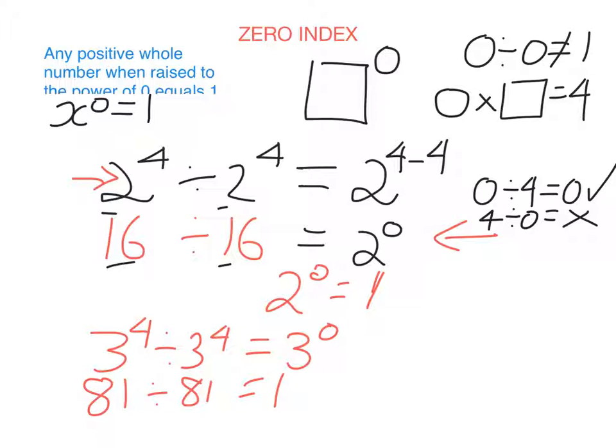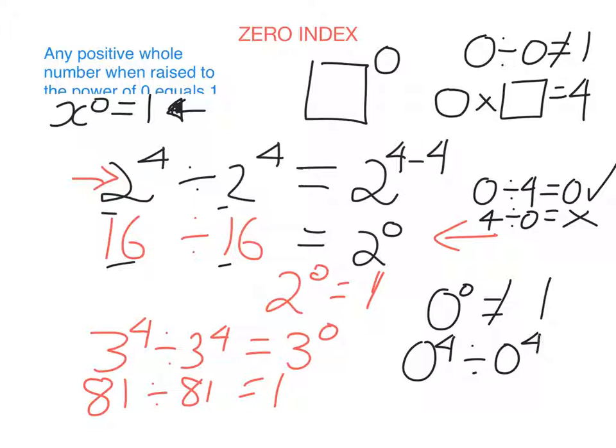So when you divide 0 by itself, it's undefined. It doesn't equal 1. So for that reason, x can't equal 0 in this rule. So 0 to the power of 0 does not equal 1, because that would be 0 to the power of 4 divided by 0 to the power of 4, which is 0 divided by 0.